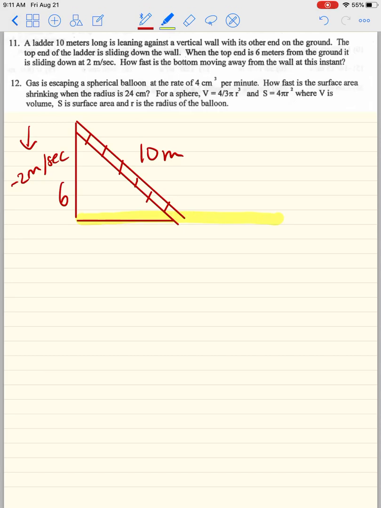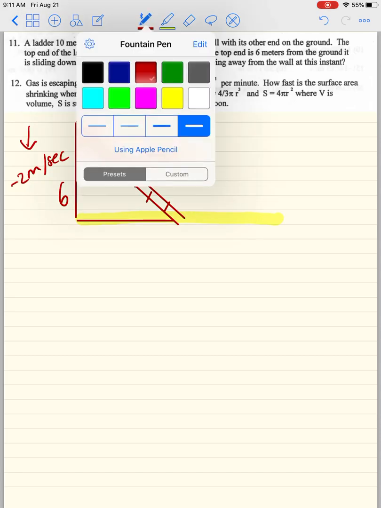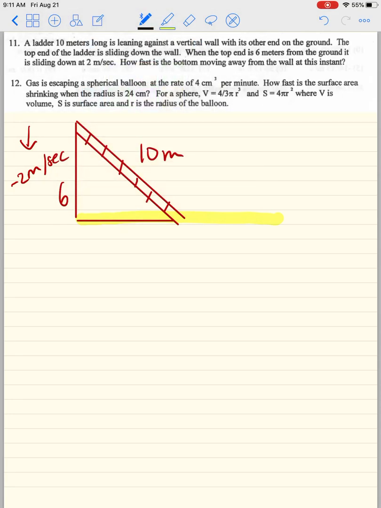Basically, this part is going to get longer as the ladder slides down until the ladder falls on the ground. I'm going to call this guy A, this guy B, and this guy C.